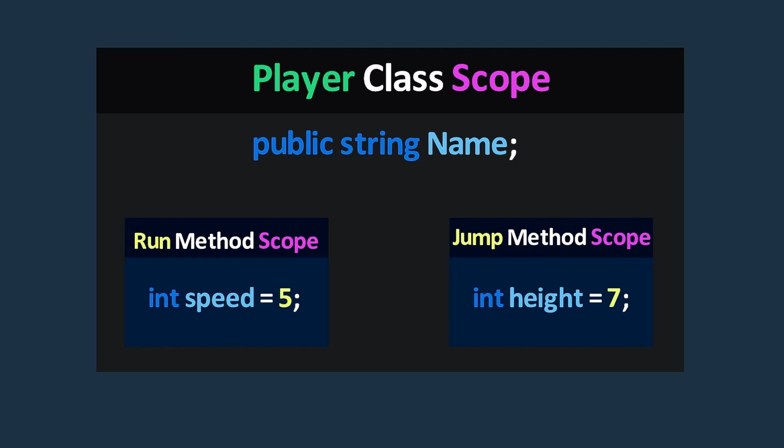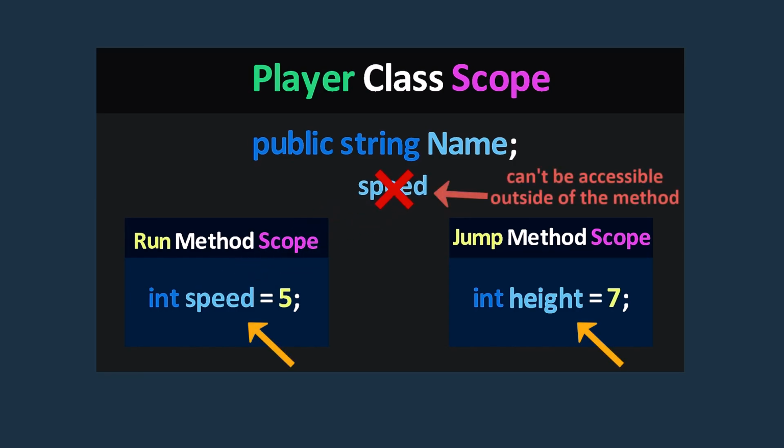All the variables we've covered so far in our C# courses have been local variables. A local variable is declared within a method and can only be accessed within that method.